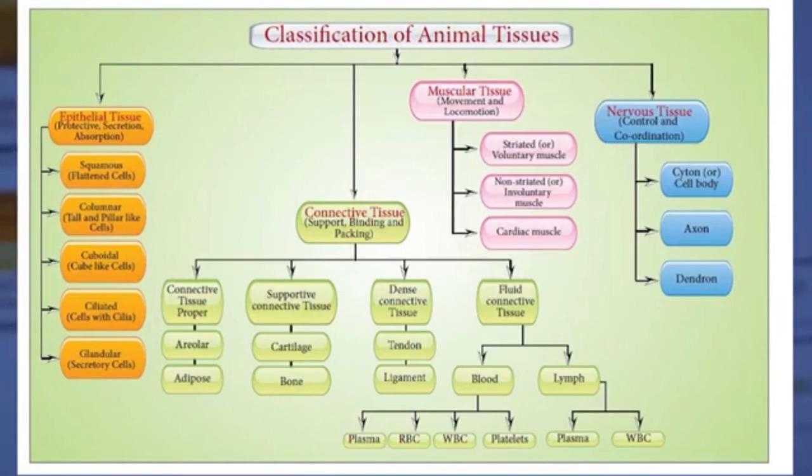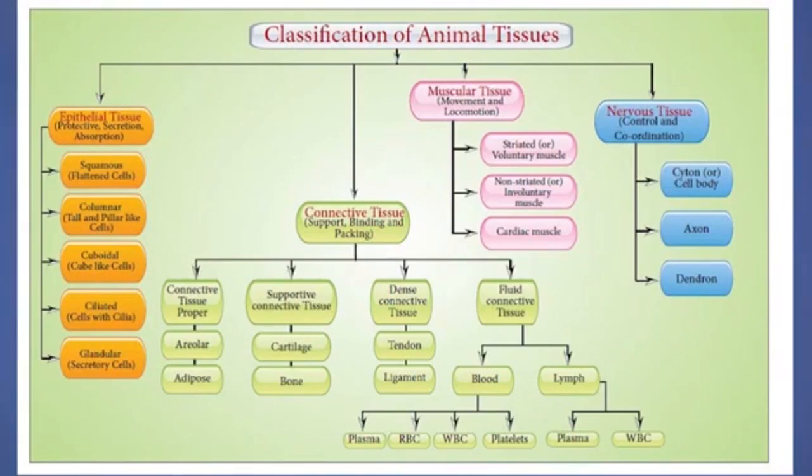The lymphatic vessels have lymph nodes, usually present in the armpit, the neck region, and so on. When the lymph node is blocked by the filarial parasite, it causes the disease elephantiasis. And then nervous tissue we will discuss in detail, along with the structure of the neuron, otherwise called nervous tissue.